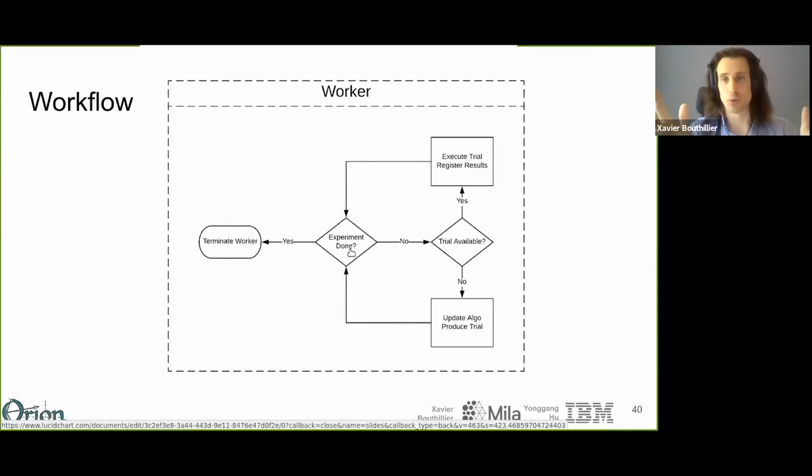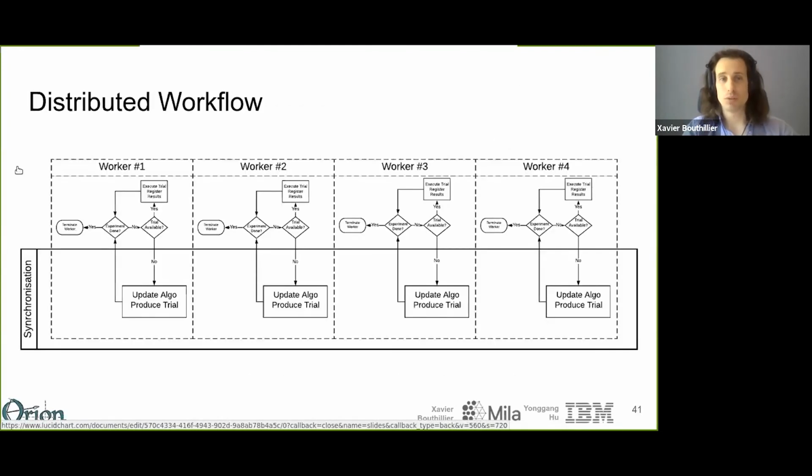Let's say there are no other workers, so no, the experiment will not be done. And then, is there a trial available? Yes, there would be one. So it reserves the trial, executes it, registers the results in the database again, and goes back. And it would just go like this iteratively until it reaches its termination criteria, for instance, max trials 20.